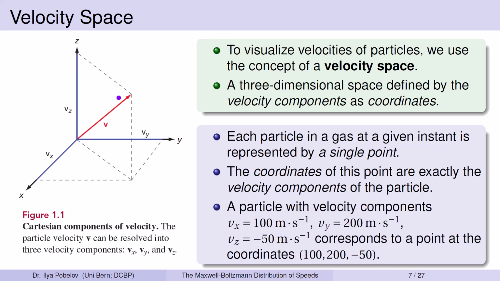For example, a particle with velocity components of 100 meters per second in the x direction, 200 meters per second in the y direction, and minus 50 meters per second in the z direction corresponds to one specific point in this velocity space at the coordinates (100, 200, minus 50).